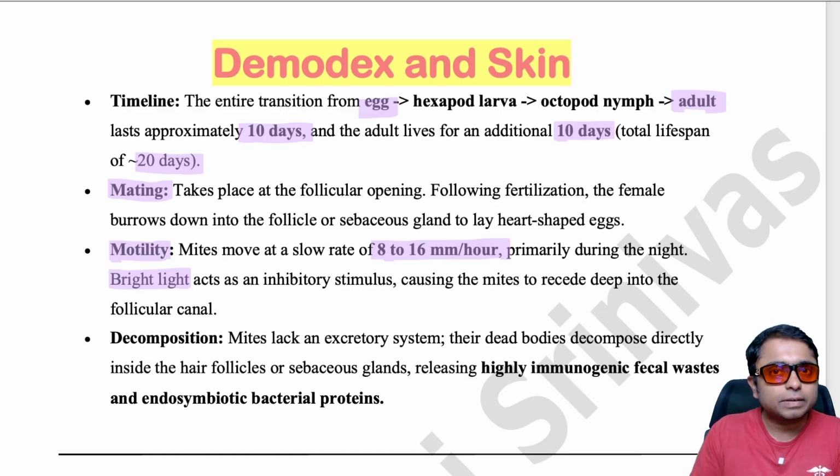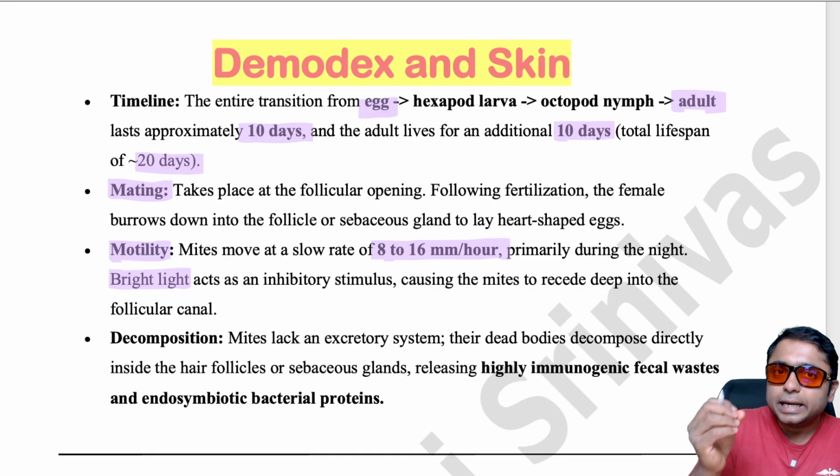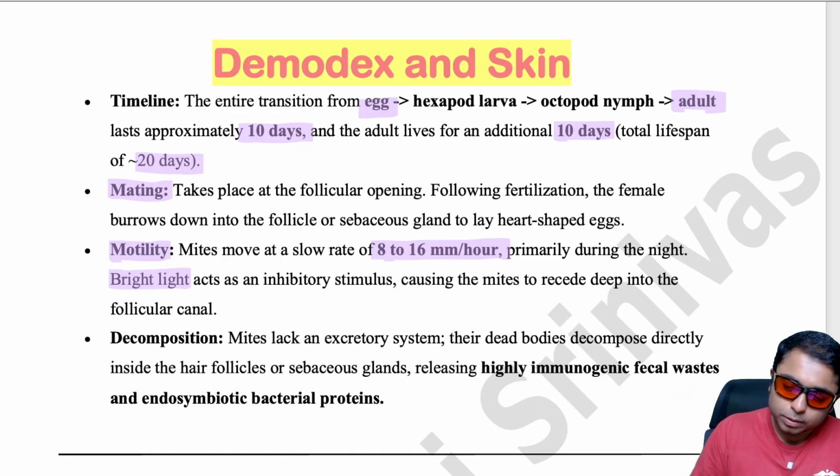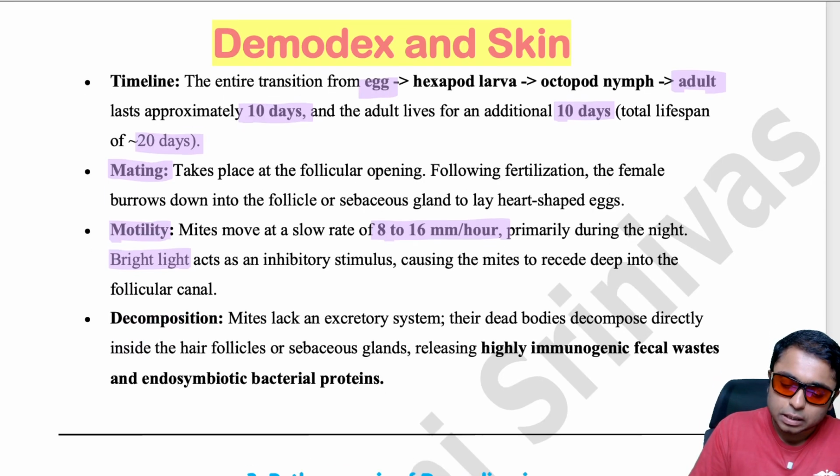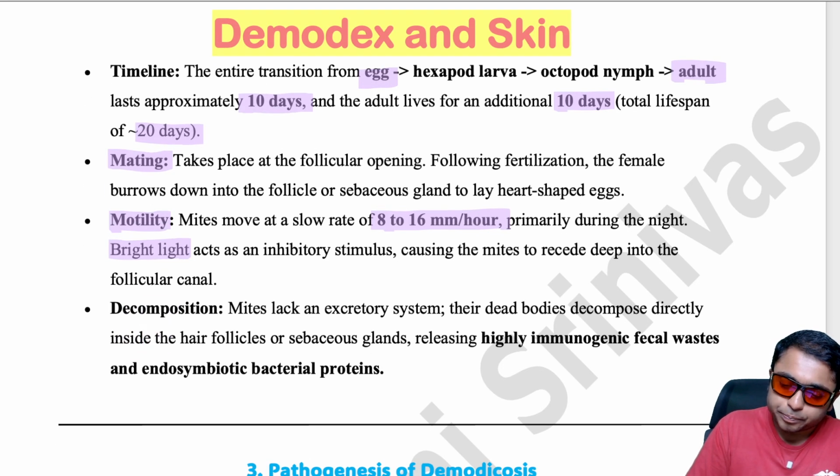Likewise this also has some requirements, one of which is it should be very dark for it to come out. And you can see that the scabies mite also produces excessive itching, nocturnal itching, only at night time. So likewise this also has that nocturnal type of stimulation.